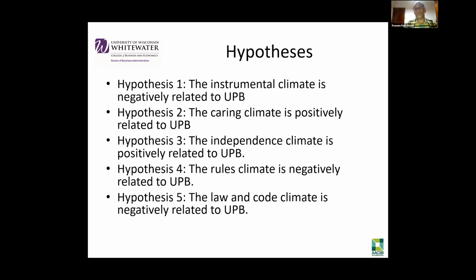We have a hypothesis built around each of these 5. The instrumental climate is where people are egoist. Caring is when people are more benevolent. Independence is people who follow rules and so on. And rules is something that has to do with organizational codes of conduct and so on.